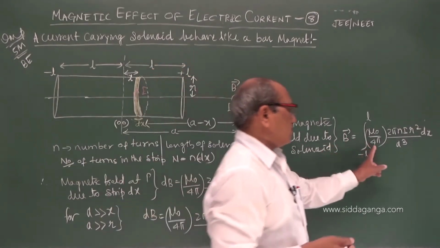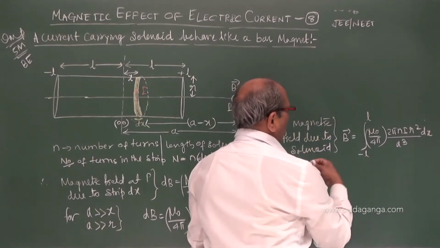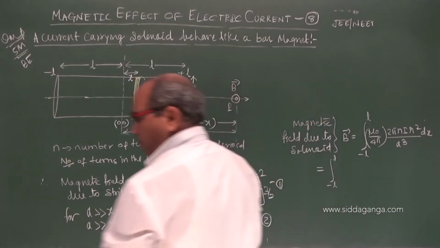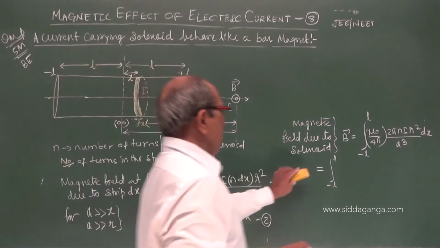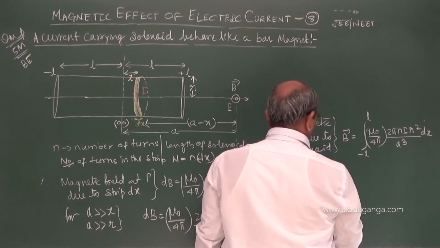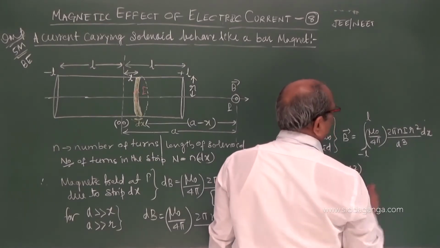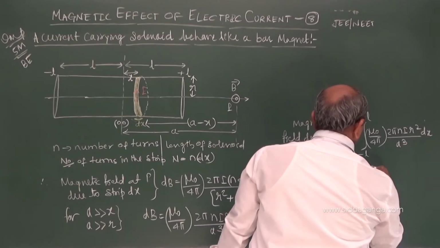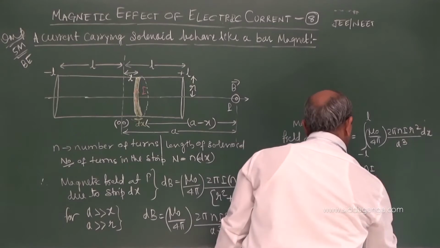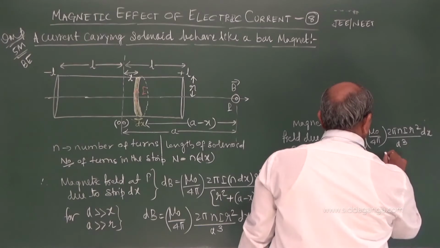When you see this equation, all terms are constant with respect to x. Therefore, I can write it as mu naught upon 4 pi, 2 pi r square n I by a cube, times the integration from minus L to L of dx.